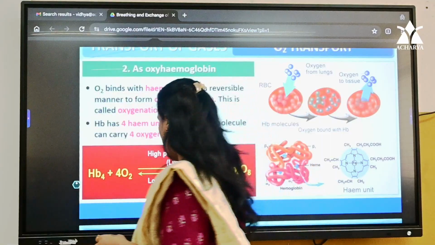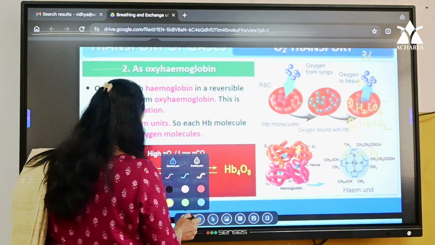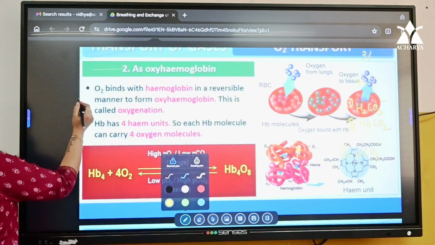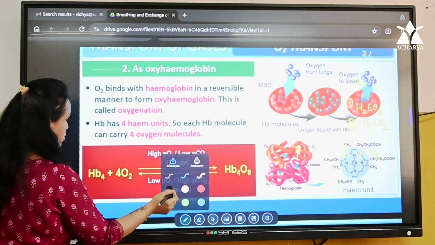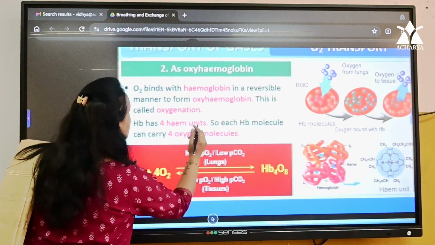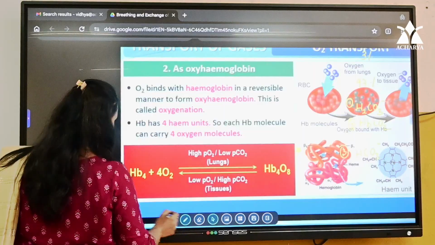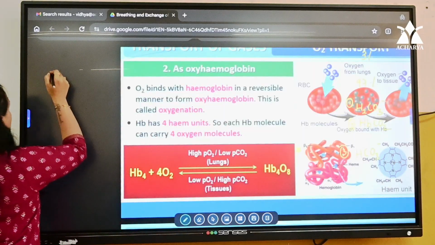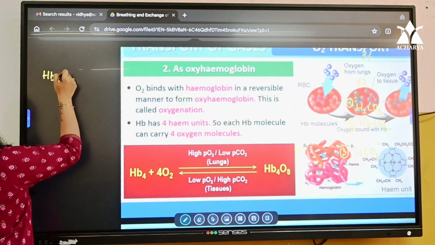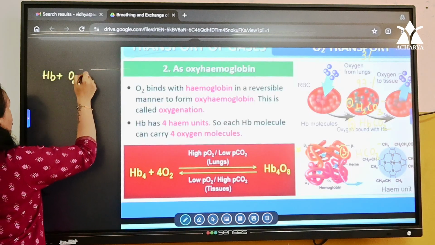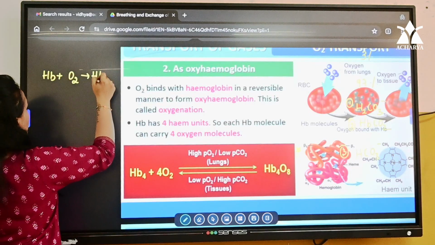one oxygen molecule. Let me write for you. Let us say the Hb molecule. One Hb molecule first takes one oxygen molecule to become HbO2.